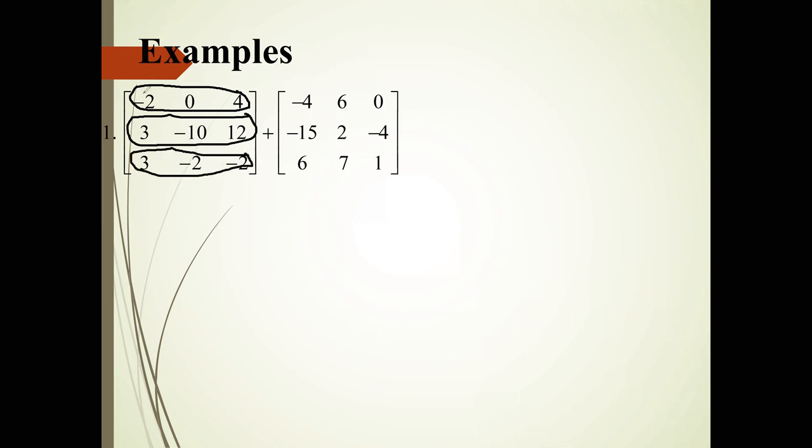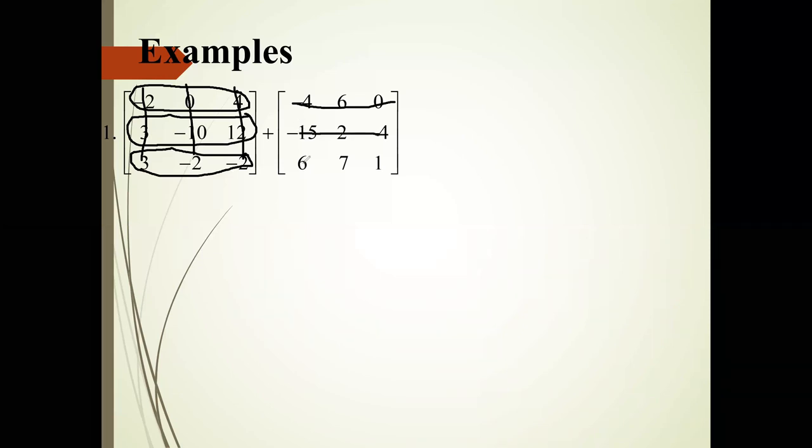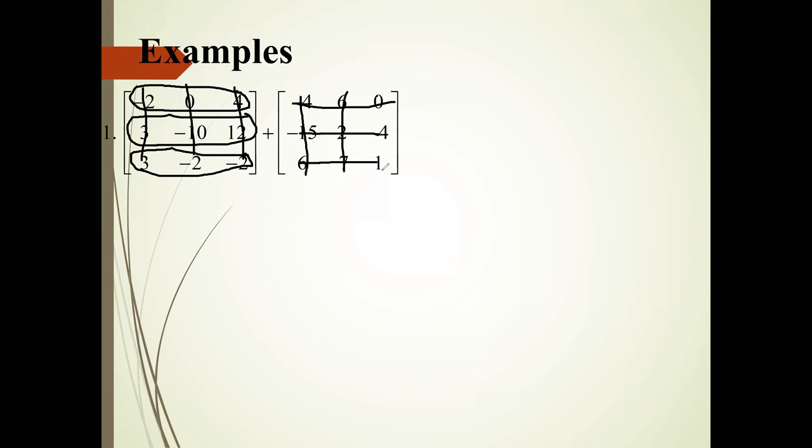So we have 3 rows and we have 1, 2, 3 columns. So we know that this is a 3 by 3 matrix. Let's double check that the other matrix is also a 3 by 3. So we go 1, 2, 3 rows and 1, 2, 3 columns.